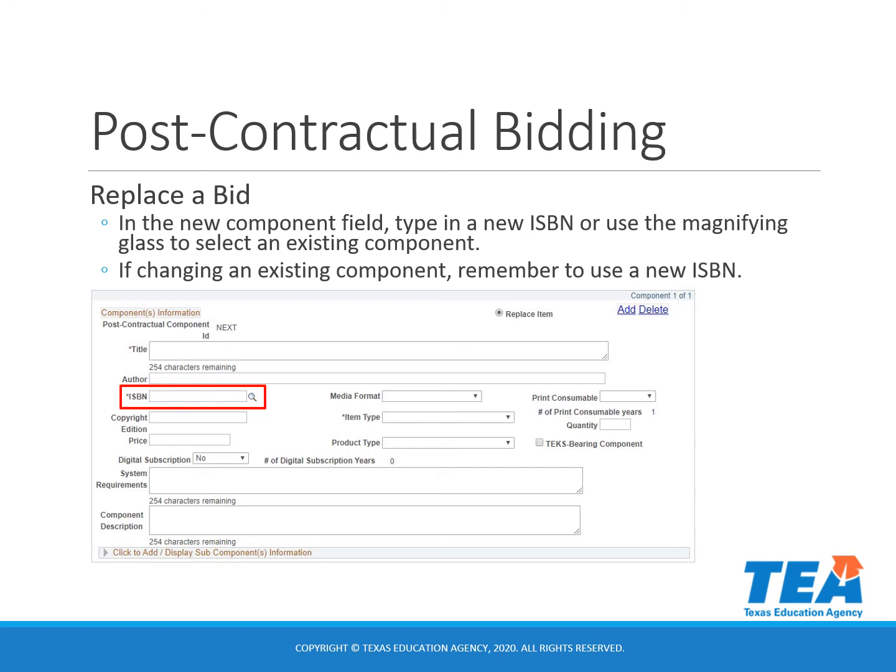If you're changing an existing component from one specific number of years to a fewer years, then remember to use a new ISBN. If your component already has through school year in the title, then you can go to the post-contractual item update link to update the price or the number of subscription years for that existing component.